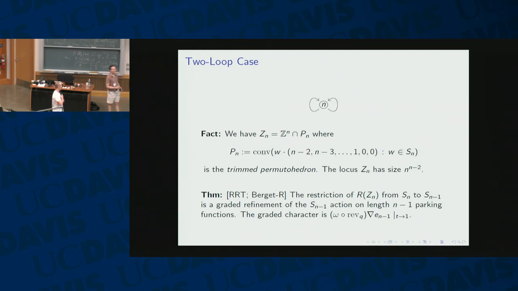Is there a reason for that? The answer is absolutely yes. So the work of various people, including Baker, Kuperberg, building on work of Bernardi, I'm missing some, I'm sure, give a bijection between break divisors and spanning trees, right? So there is good reason for that.